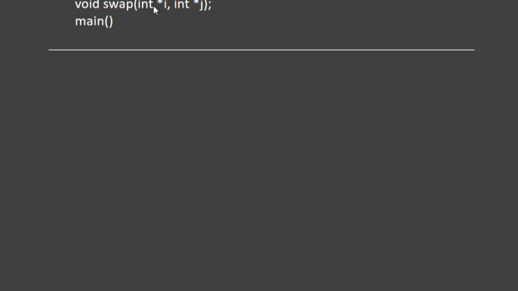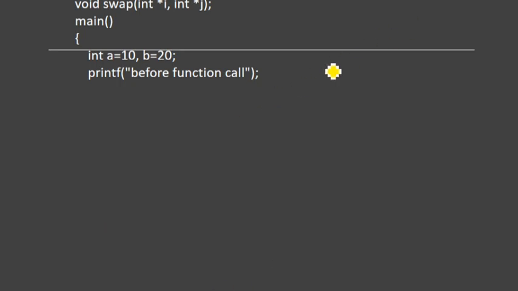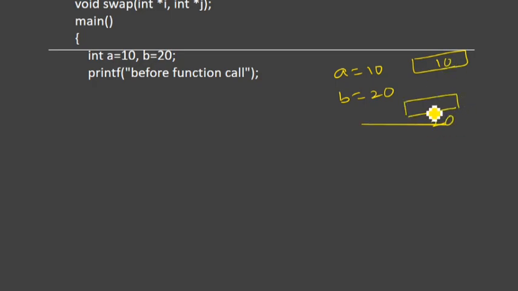Now in main, a is a variable which stores 10 inside it, and b is a variable which stores 20. So a equal to 10, b equal to 20.